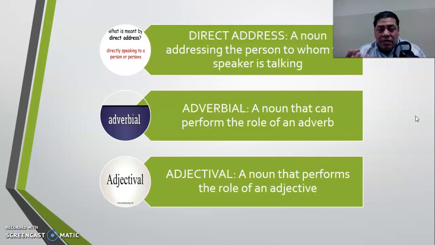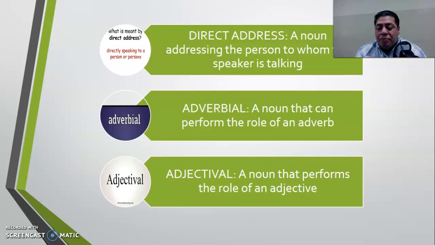To address someone means to talk to someone. Just like last night, the president of El Salvador addressed the nation. So, address means dirigirse a, but not go, but to talk to, right? So, a direct address is a noun that addresses the person to whom the speaker is talking.